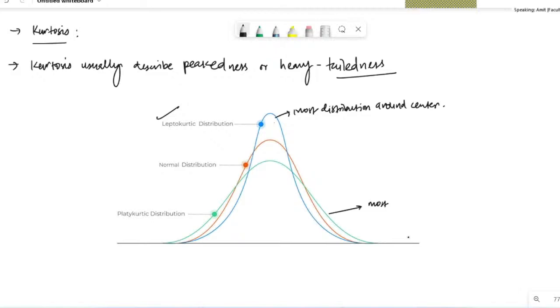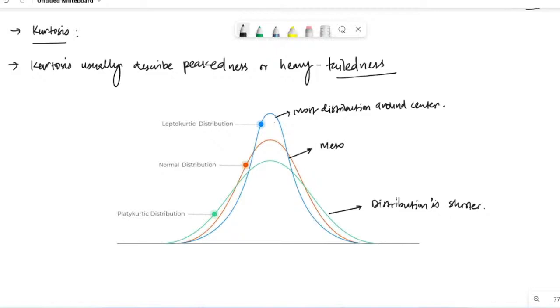Platykurtic, this is the green one, right? The distribution is shorter, and the tails are thinner than your normal distribution.